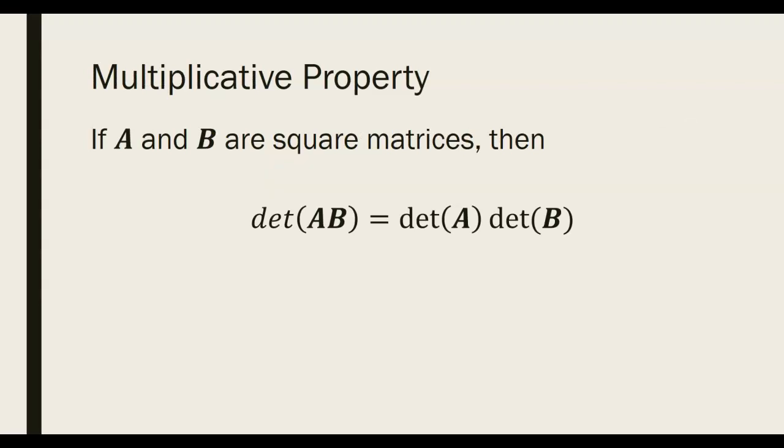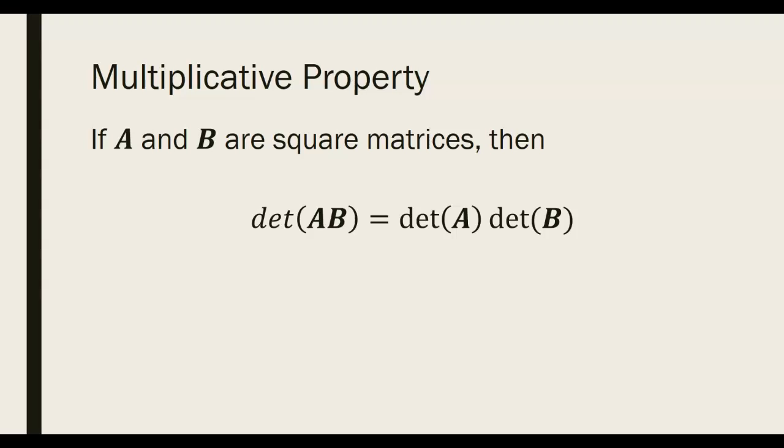Now here's the really crucial property of determinants for this section. We're going to leave the elementary matrices alone for a second and come back to those in a little bit.